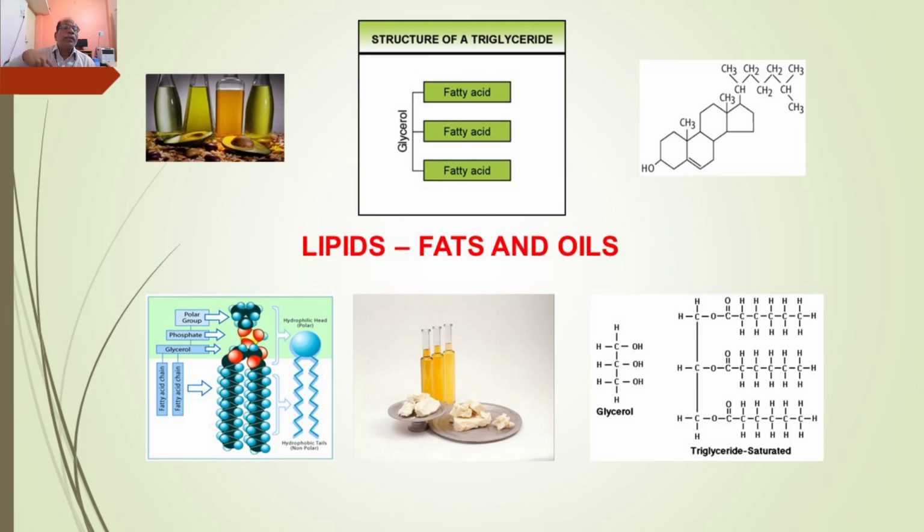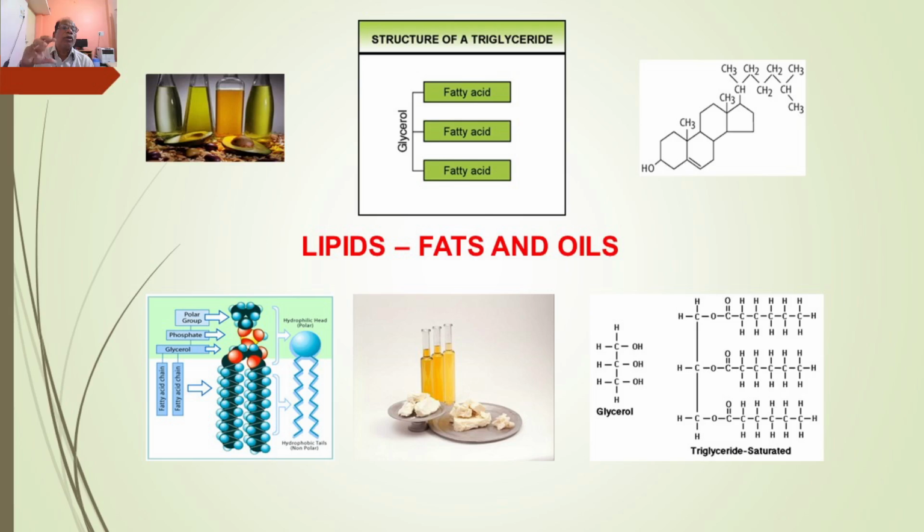So the lipid bilayer is composed of the hydrophilic and hydrophobic components of the phospholipids, possessing the hydrophilic head and hydrophobic tails. So this is the structure present in the plasma membrane, composed of lipids and mainly of phospholipids.